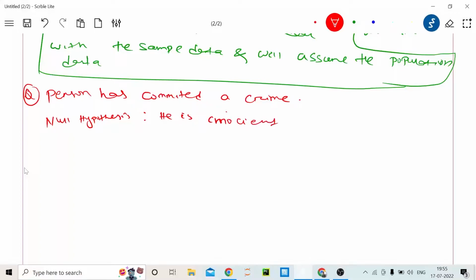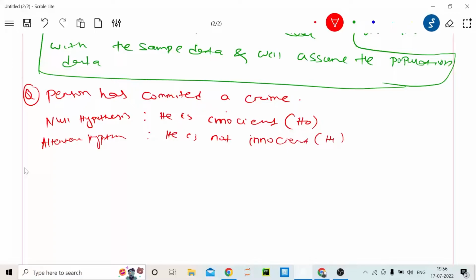In the law, the person is innocent until he is proven guilty. That means he is innocent, and that is H0. And the alternative hypothesis is that he is not innocent, that is H1.